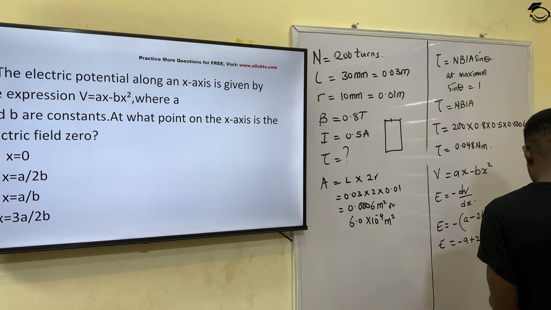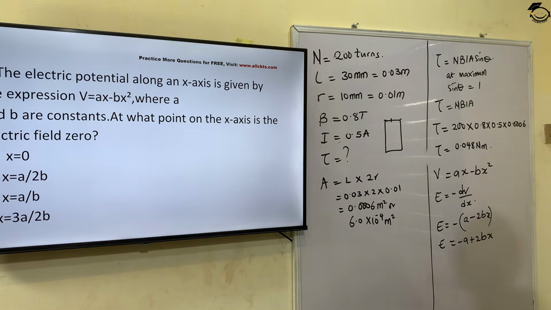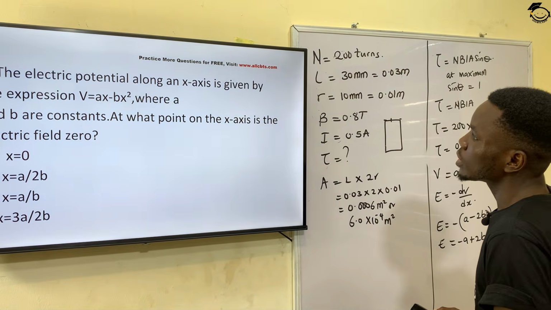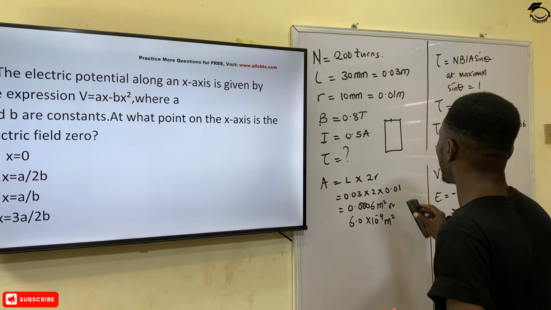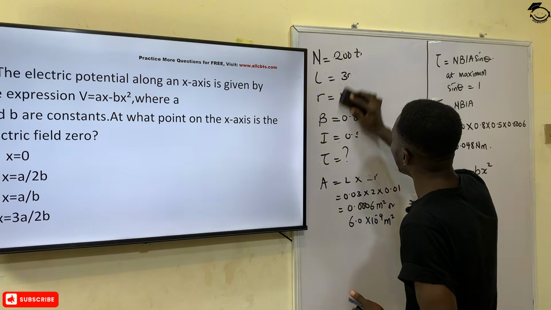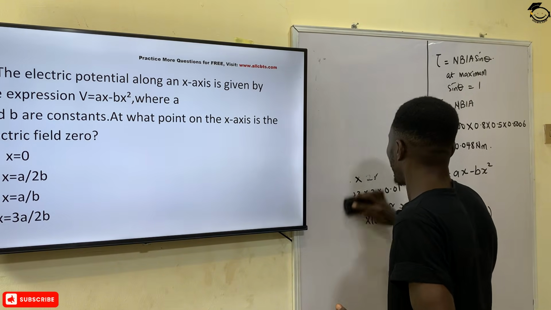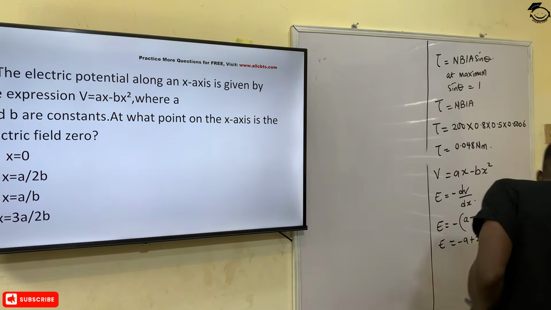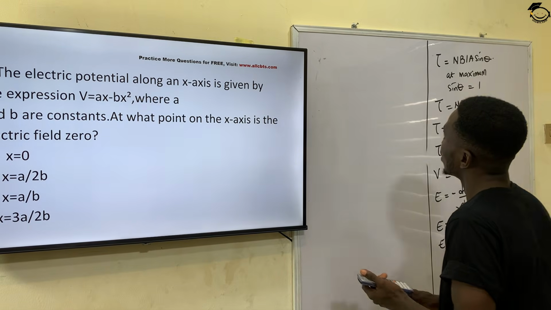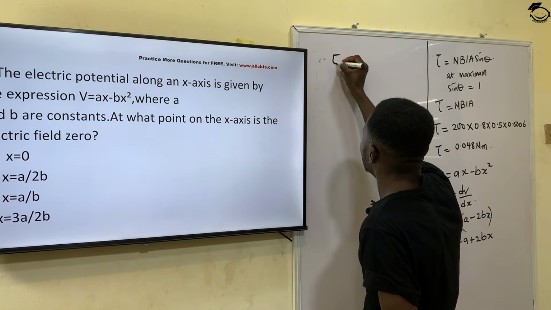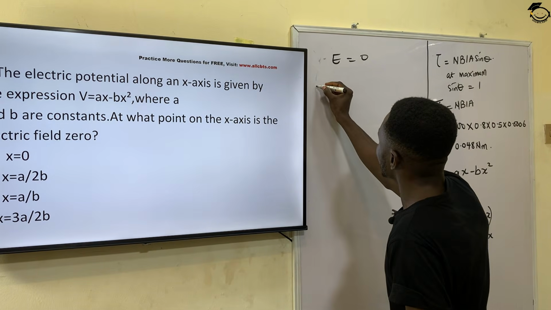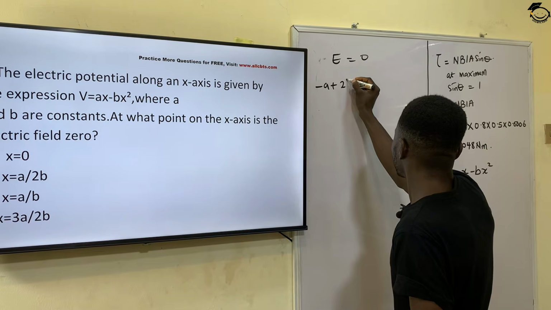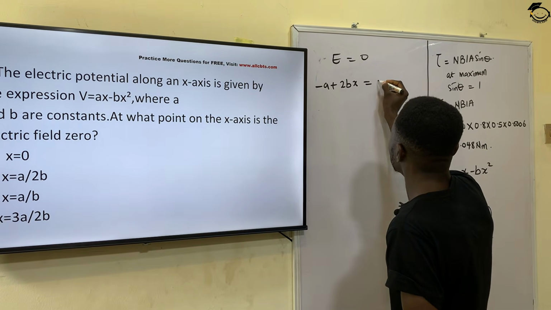But in the question, they said we should find the point on the x-axis where our electric field will be equal to 0. It means we are trying to equate our electric field to 0, so I will equate minus A plus 2bx to 0.